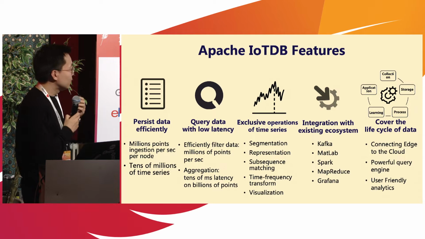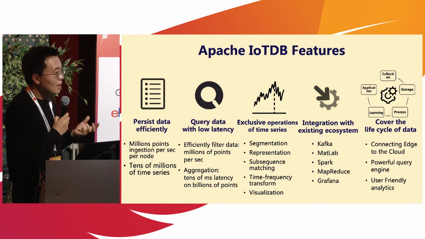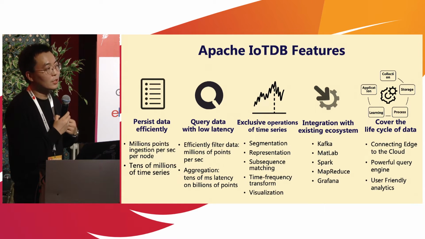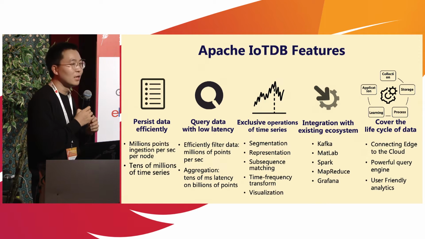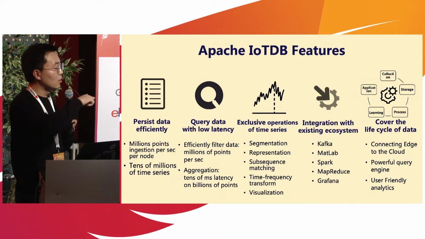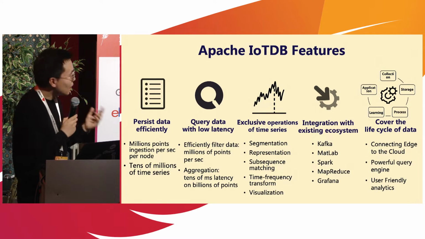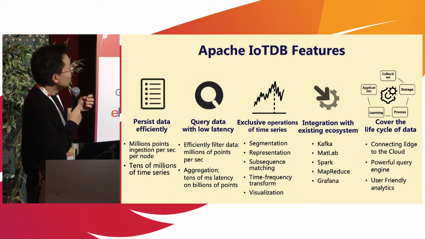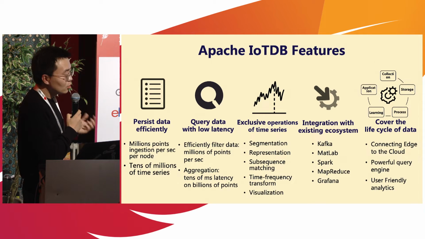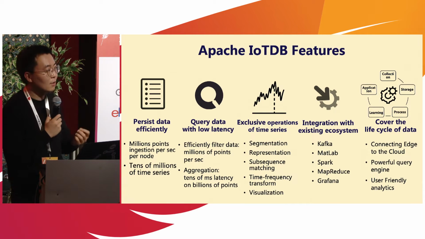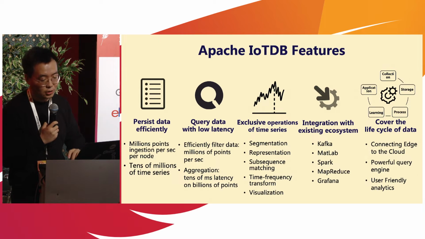And for example, we can support subsequence matching. For example, you have a long history of a time series, and you want to find a similar pattern, like a curve or an up and down curve and something else. And these are some operations only used for time series, and I think many databases, especially relational databases and key value stores, do not support them.